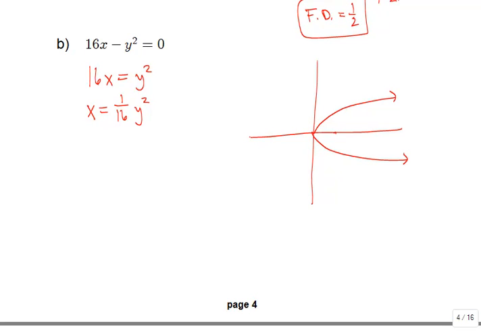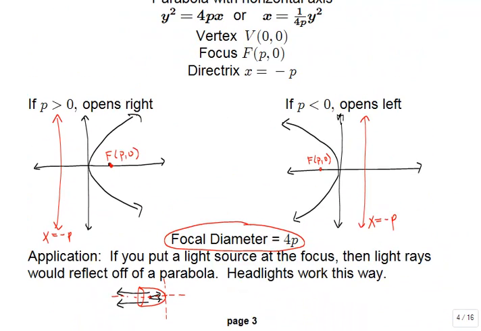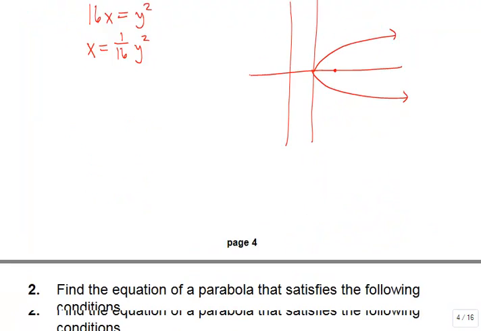And its focus is going to be somewhere inside, and its directrix is going to be a vertical line on the outside. So we need to find out what p is in order to figure out where our focus is and where our directrix is. So since this is a sideways parabola, we're referring to this formula right here, solved for x. x is equal to 1 over 4p times y squared.